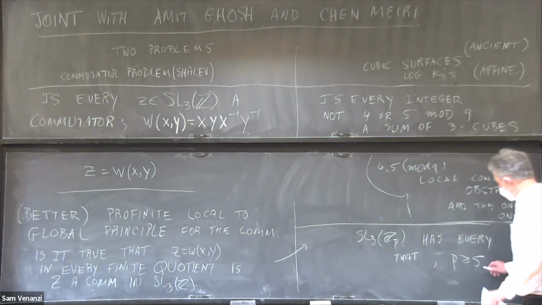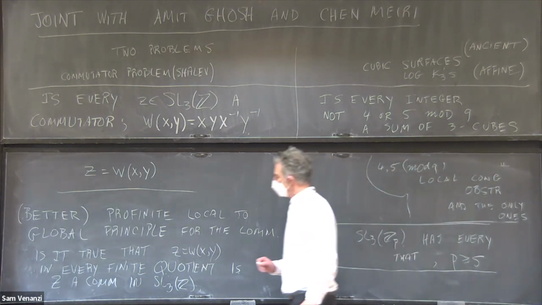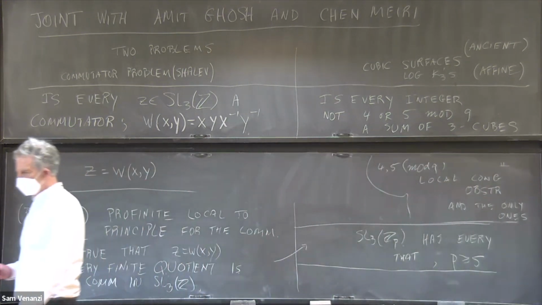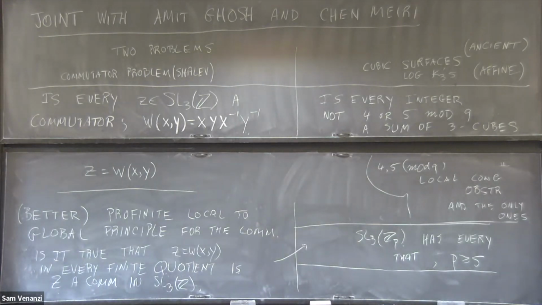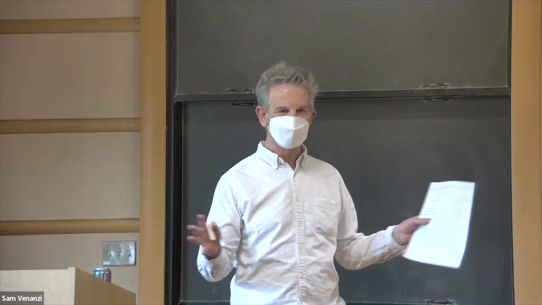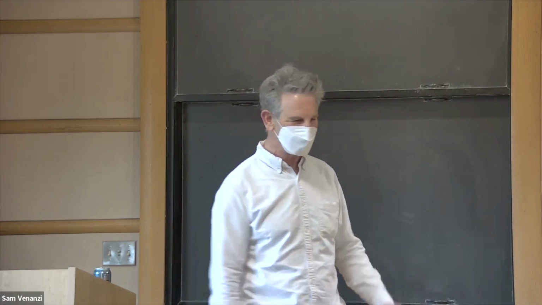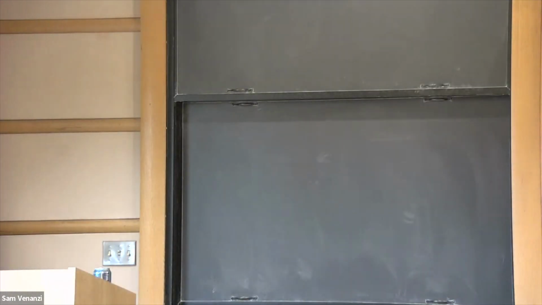Now, what is special about it? Why did he write it for SL3Z and not for SL2Z? It is that all finite quotients in SL3Z are congruence quotients, so this is a congruence subgroup property, it has to be part of this course, this seminar.